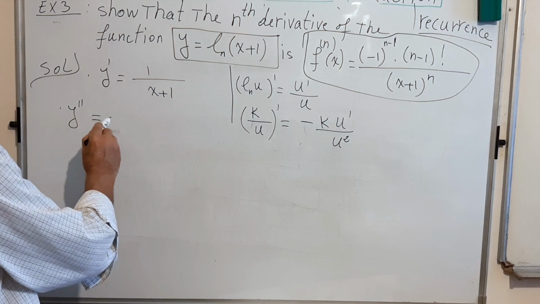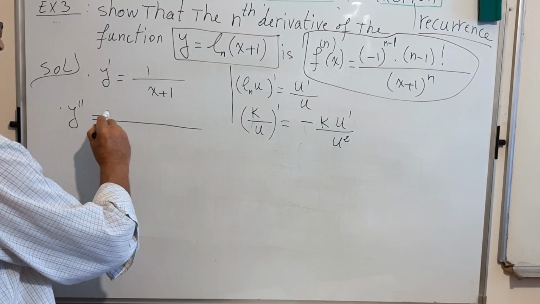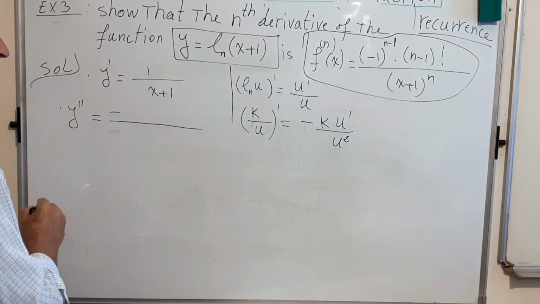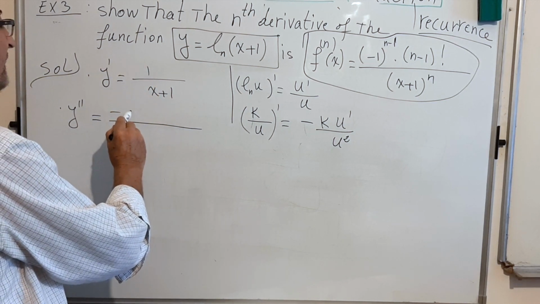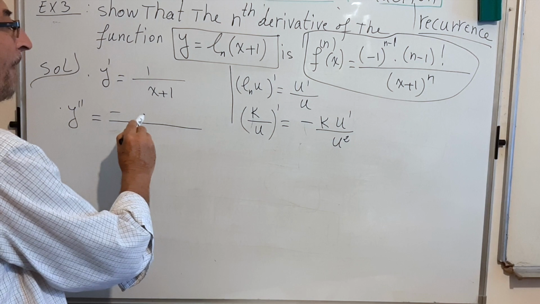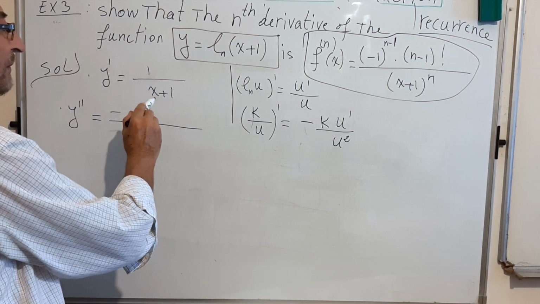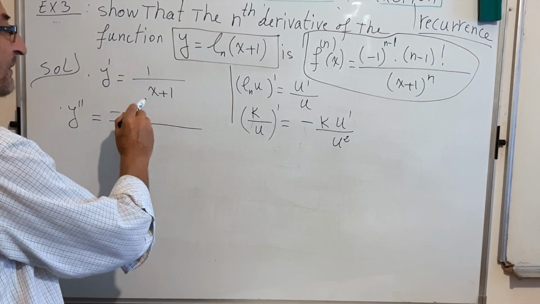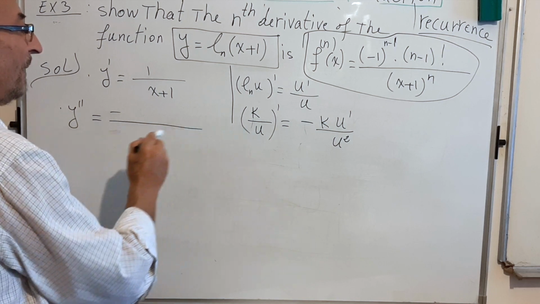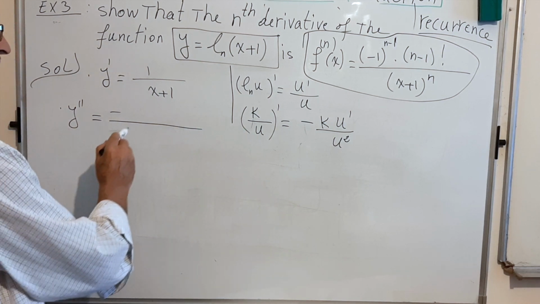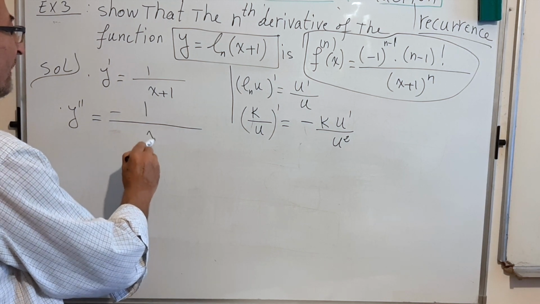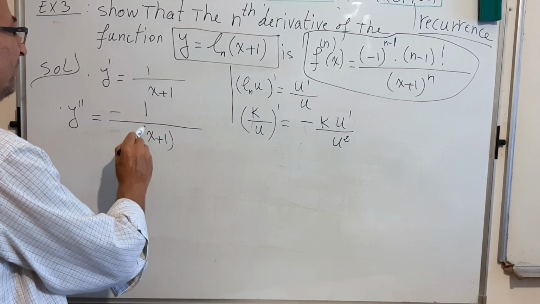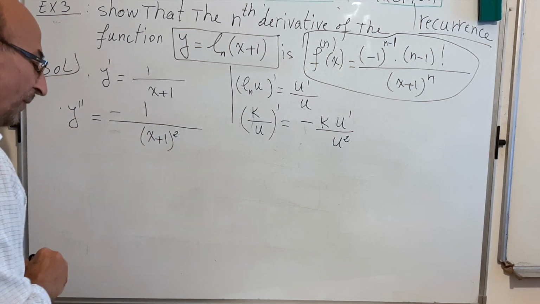So y double prime equals minus k, where k equals 1, times u prime, the derivative of x plus 1, which is 1, over u squared, x plus 1 squared.